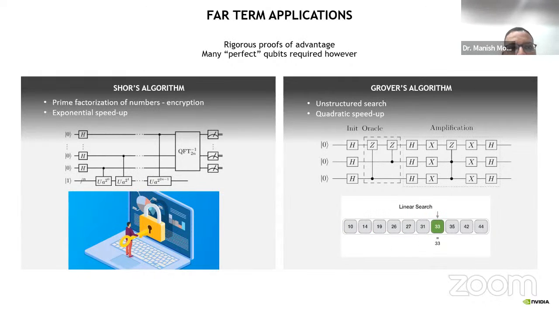Before that, let me share a few algorithms which are very commonly used in quantum computing. Two of them are Shor's and Grover's algorithms. Shor's is prime number factorization for encryption. Any number can be factorized into prime numbers, say the number 6 can be factorized into 2 and 3.